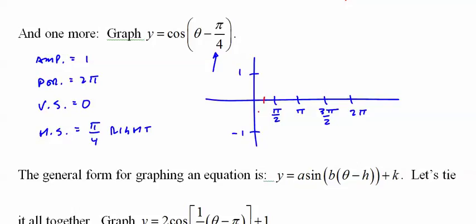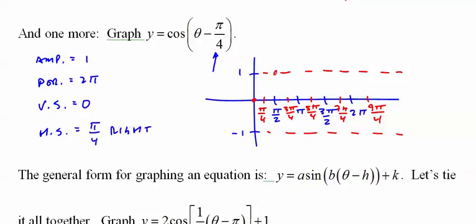I'm going to put this in pi over 4, 1 pi, 2, 3 pi over 4, 4, 5 pi over 4, 6, 7 pi over 4, 8, 9 pi over 4. Because here's my original graph. Everything looks good. Nothing's really changed. Oh, we're going to go here, here, here, here, here. But it all got shifted to the right.